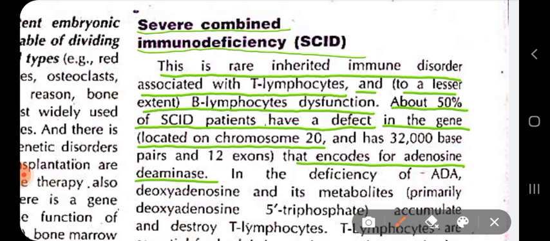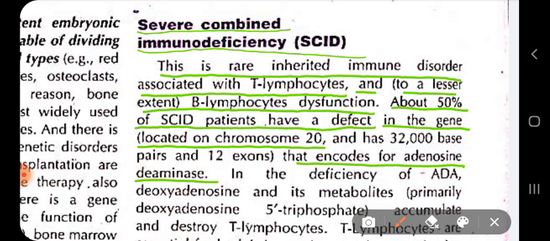The gene which gets defected on chromosome number 20 is the gene which codes for adenosine deaminase. If the gene responsible for adenosine deaminase becomes non-functional, then it leads to SCID, that causes dysfunction or non-function of T lymphocytes and B lymphocytes.